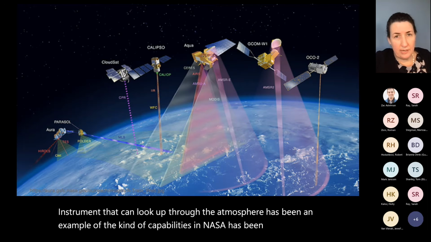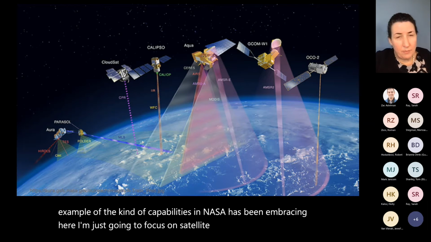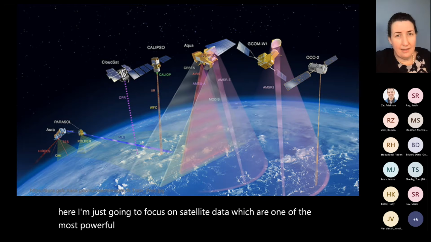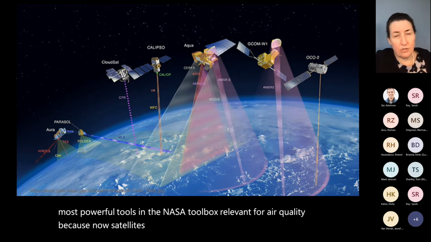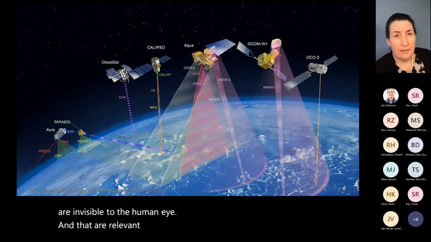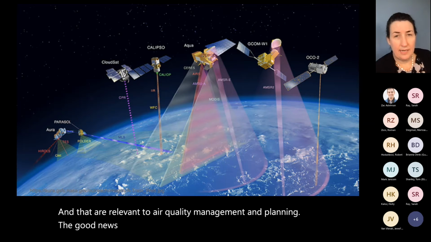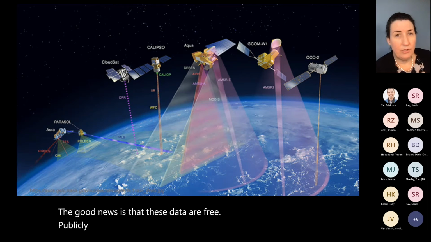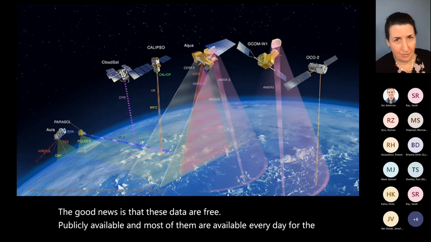Here, I'm just going to focus on satellite data, which are one of the most powerful tools in the NASA toolbox relevant for air quality, because now satellites can see gases and particles in the air that are invisible to the human eye and that are relevant to air quality management and planning. The good news is that these data are free, publicly available, and most of them are available every day for the whole Earth. So it's a pretty amazing resource.